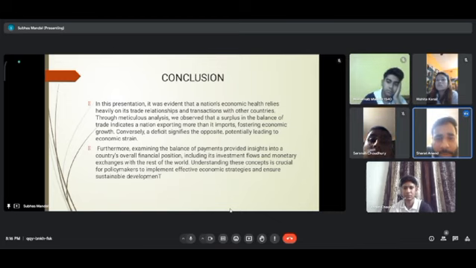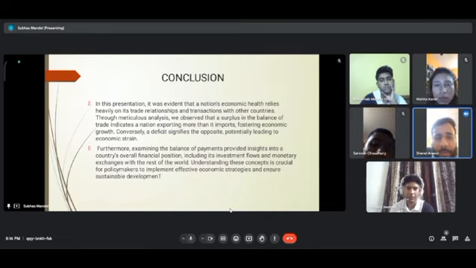Conversely, a deficit signifies the opposite, potentially leading to economic strain. Furthermore, examining the balance of payments provides insight into a country's overall financial position, including its investment flows and monetary exchange with the rest of the world. Understanding these concepts is critical for policymakers to implement effective economic strategies and ensure sustainable development. So, thank you.